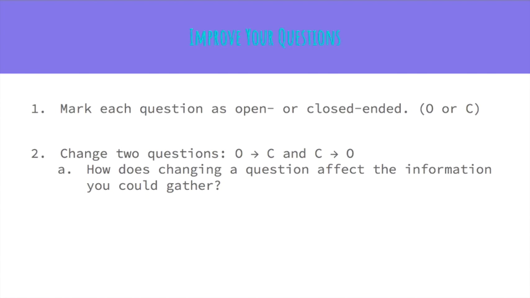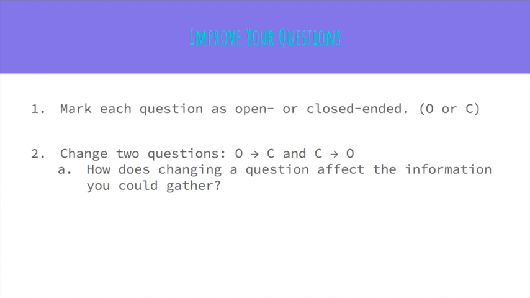Go with what you think is the best fit. After, change two questions, one from open to closed and one from closed to open. Think about how does changing a question affect the information you could gather.